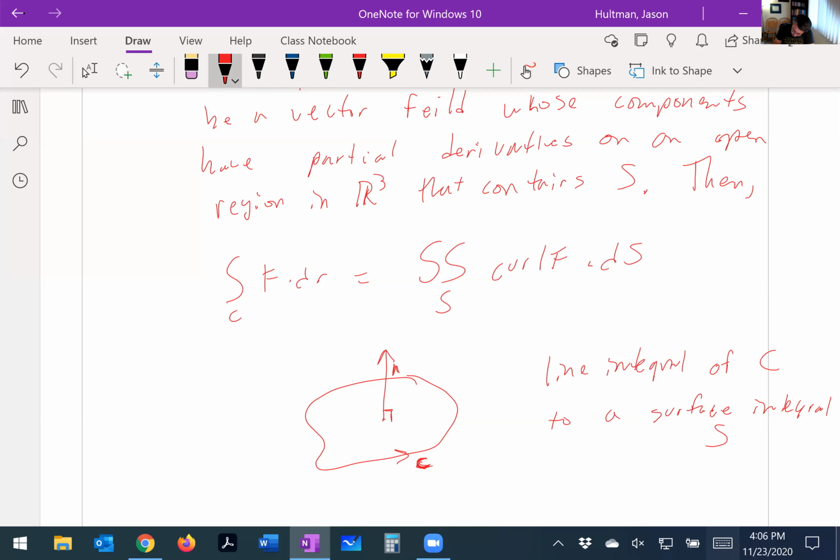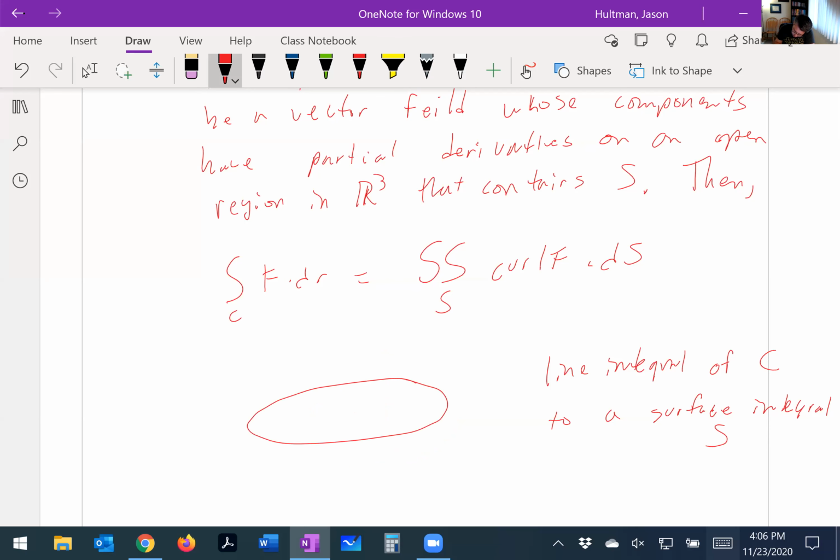We want this to be a surface, so let me get rid of this real quick. If I went like this, it doesn't make sense. Let me redraw it. Let's just go like this.